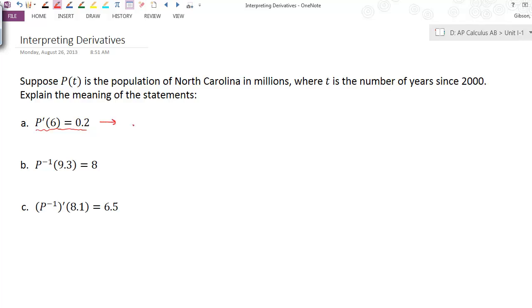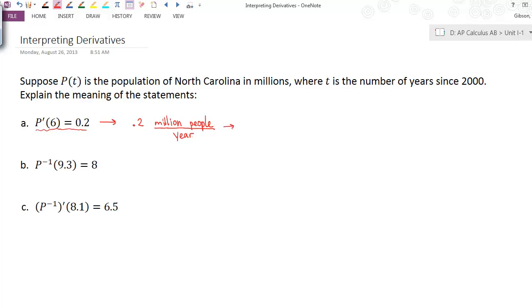So this would imply that we have 0.2 million people per year. If we think about the units here, because we're talking about change in population with respect to time, so people over time.